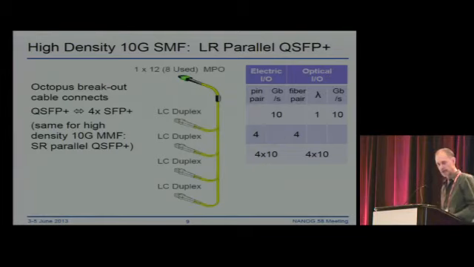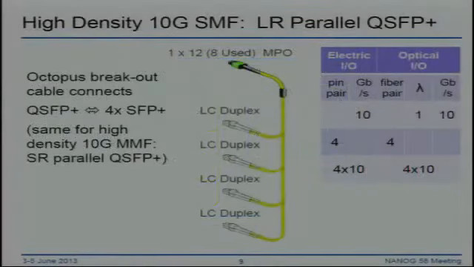Another new development which will affect your life greatly is high density through breakout connectors. This is an example of a cable for a QSFP 10G breakout. So you would have 4 10G channels in one QSFP with an MPO connector.